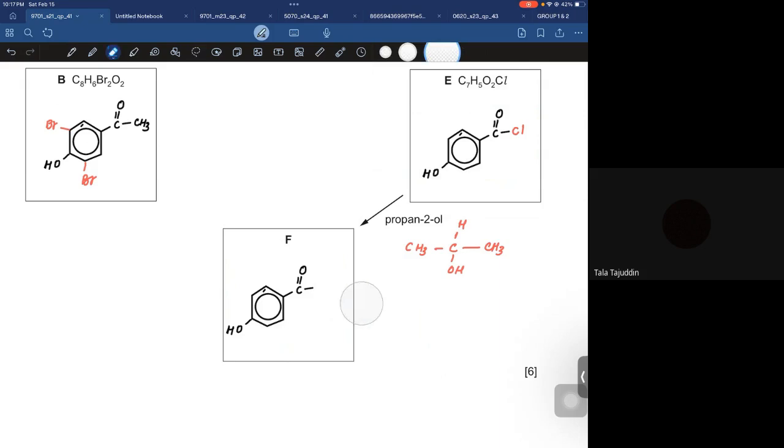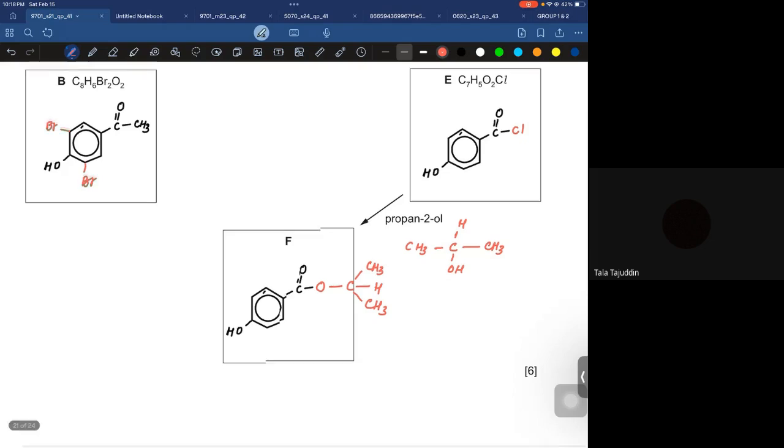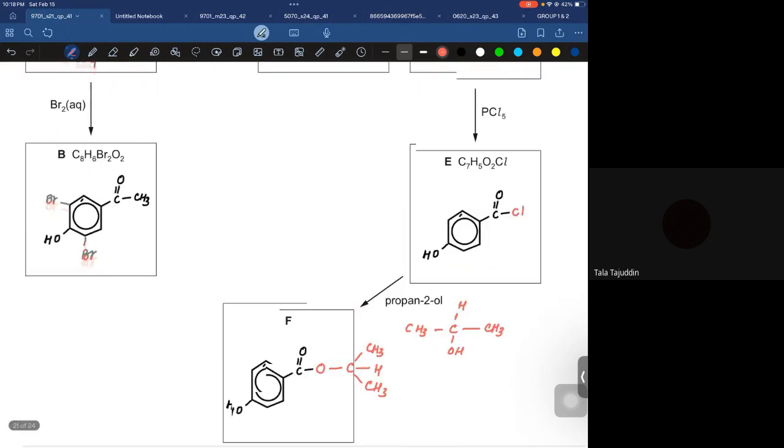So this Cl and that OH, like H, is going to react with this, and it would be forming this. So it's very easy to identify whenever your acyl chloride is going to react with propane 2-ol, that is an alcohol. So this is your F.